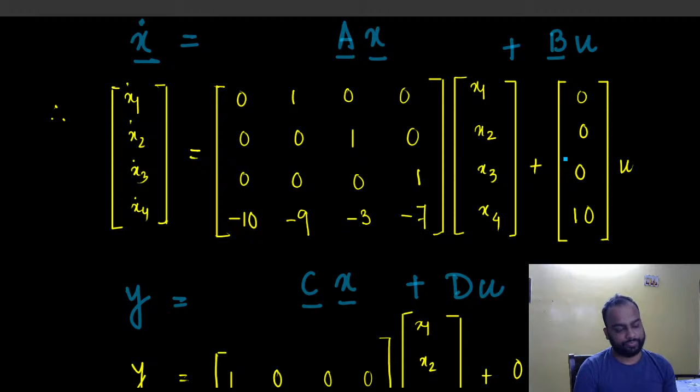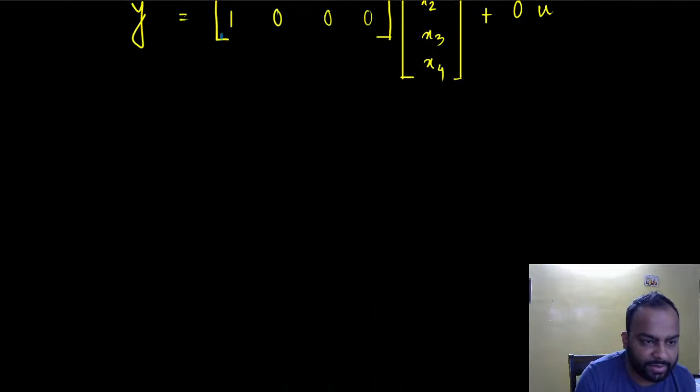All right. So you have so far learned how to represent a system that is given in terms of a differential equation into a state variable form, or if it's given as a transfer function, how to convert that to an equivalent state variable form. So here are a few points to note.